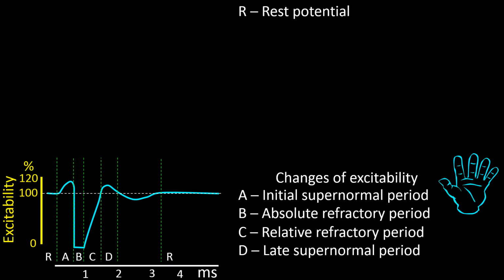The fifth and last period, here labeled E, is called the subnormal period. During this period, a stimulus, in order to trigger an action potential, has to be stronger than the stimulus that triggered the first action potential from the resting membrane state. So during this period, excitability is less than 100%.